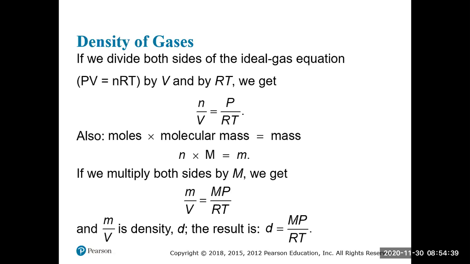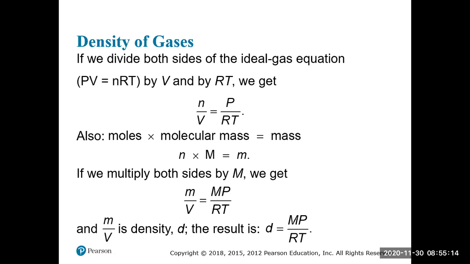So we did that rearrangement above. Then if we multiply both sides by the molecular mass or molecular weight, we get that mass divided by volume equals molecular mass times pressure divided by the gas constant times temperature. Remember, mass divided by volume is our definition of density.